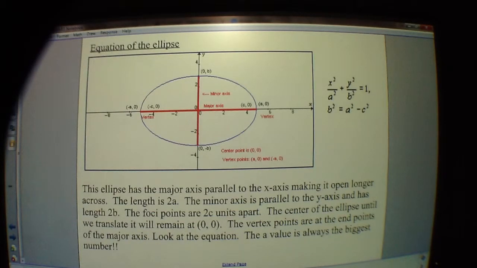Here is the equation of an ellipse. If the ellipse is elongated parallel to the x-axis, it would be x squared over a squared plus y squared over b squared is equal to 1, where b squared is equal to a squared minus c squared.